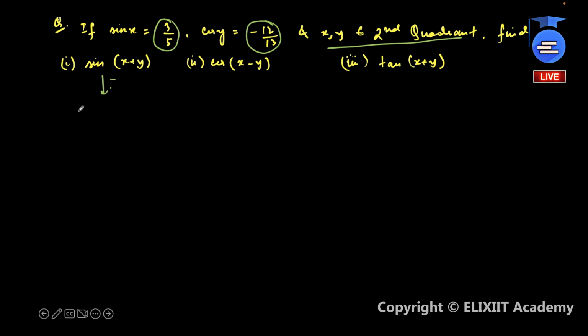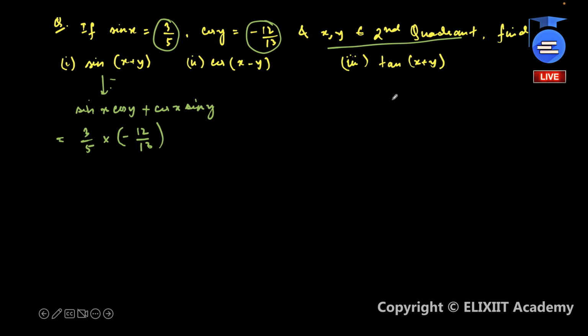We use the formula sin x cos y plus cos x sin y. We know the value of sin x, which is 3 upon 5. We know the value of cos y also, which is minus 12 upon 13. But we don't know the value of cos x.